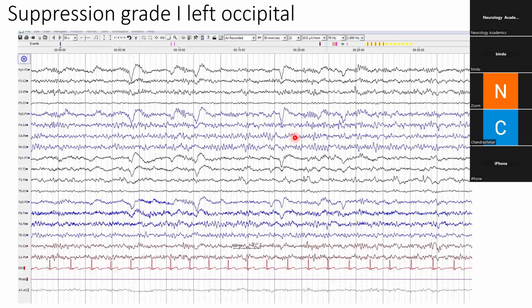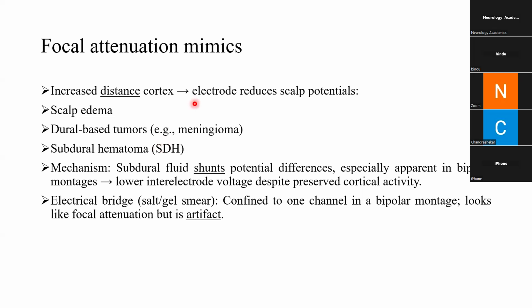Here also we can see a reduced amplitude in the P3O1 and the T5O1 chain. So this is a suppression grade 1 left occipital. Some of the focal attenuation mimics are when there is an increased distance between the cortex and electrode that reduces the scalp potential, for example, scalp edema, dural based tumors like meningioma, and subdural hematoma.